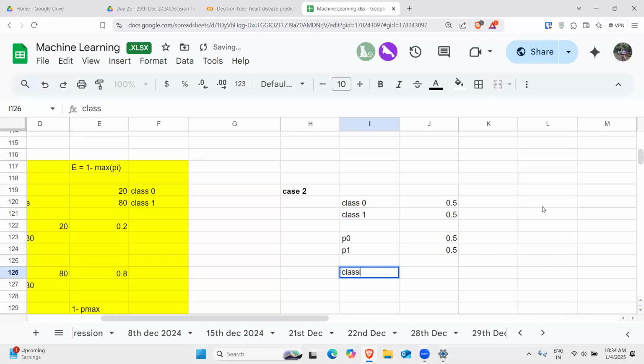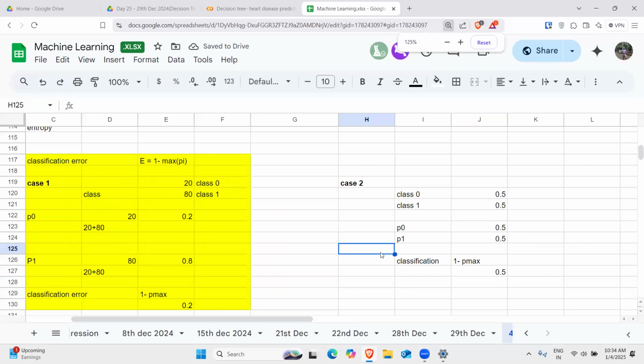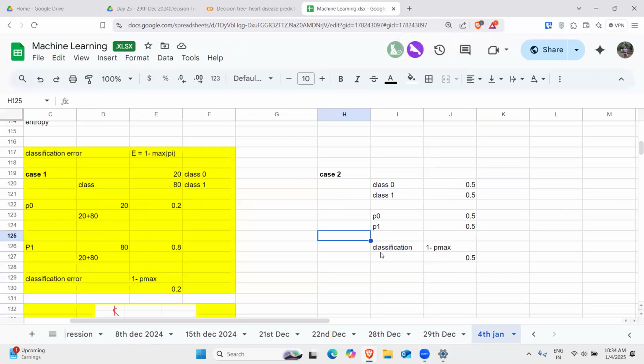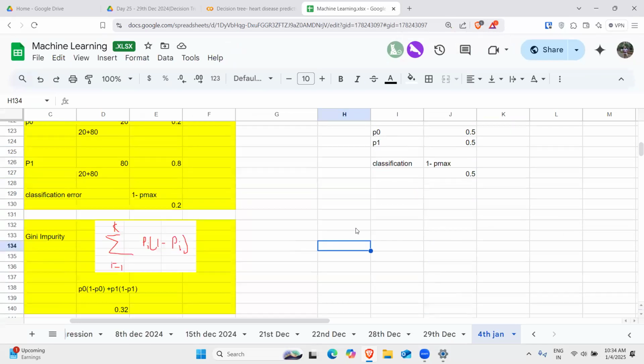And what about classification error? 1 minus probability of maximum, which is 1 minus 0.5, which is 0.5 only. What about Gini impurity? You try to calculate that by using the formula. Gini impurity is probability of 0 into 1 minus probability of 0, plus probability of 1 into 1 minus probability of 1.